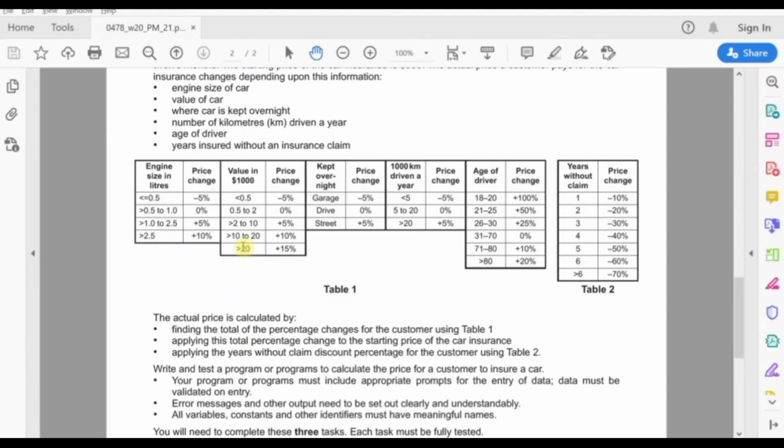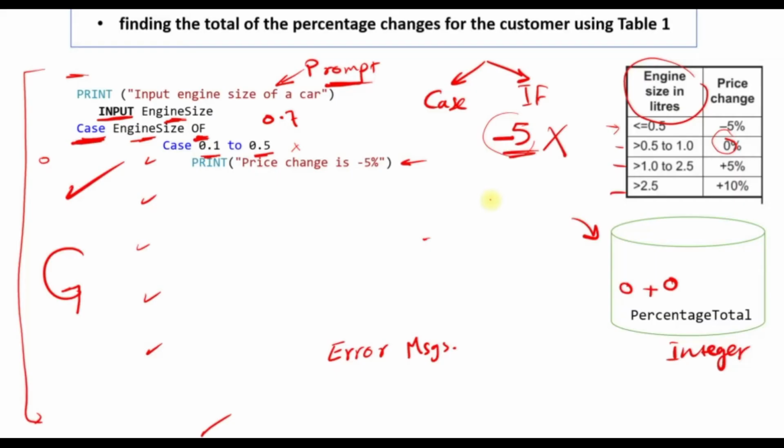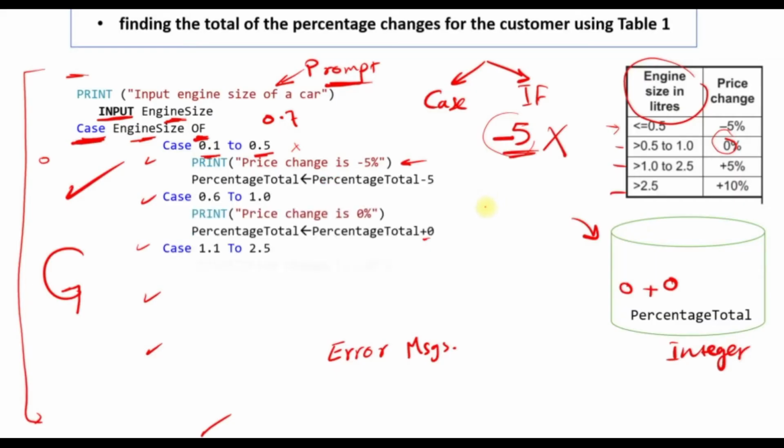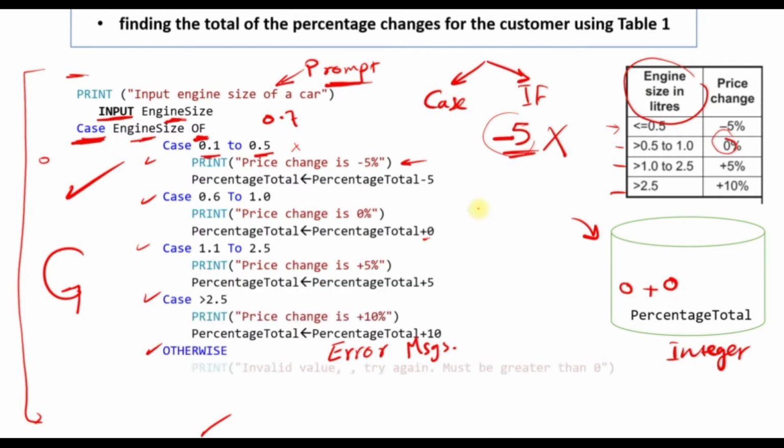Just a second. We will apply the same thing for the rest of Table 1, for the rest of the parameters here, and also we will apply it to the years without claim, or we can use a different data structure, which is the array. So now I will go through the second one only, and then you have to complete the rest yourself. So it's just like copying.